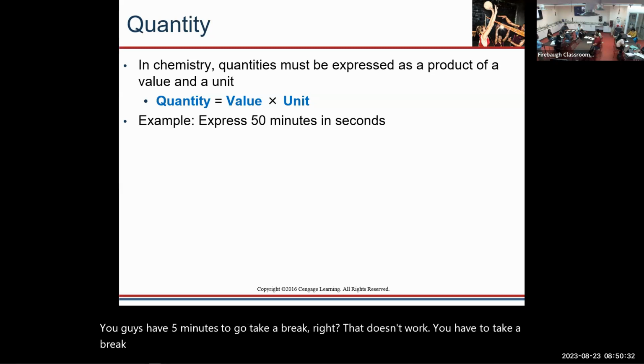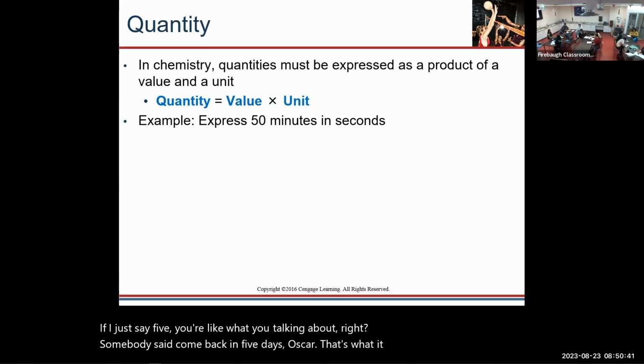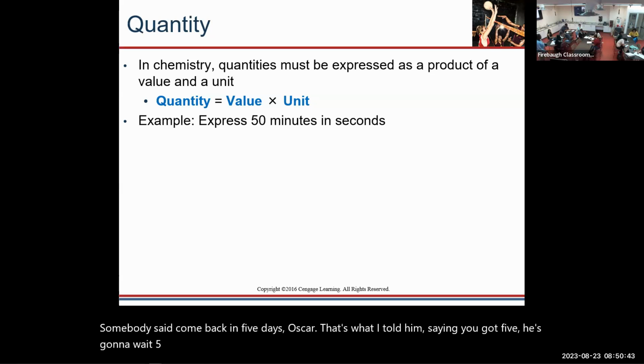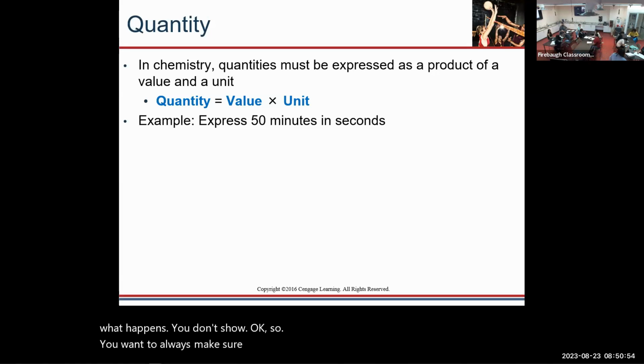If I just say 5, you're like, stop, right? Somebody's gonna come back in 5 days. Oscar, that's what I told him. I'm saying you got 5. He's gonna wait 5 days before he comes back. He's here, so I can pick on him, right? This is what happens when you don't show. So you want to always make sure that you're including your units because it means nothing to us otherwise.